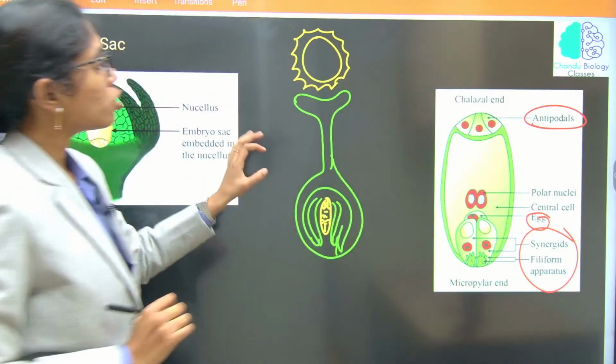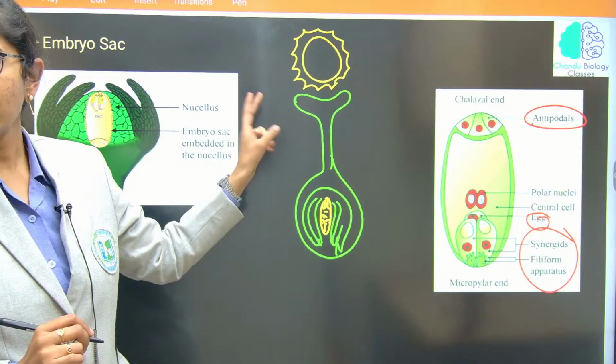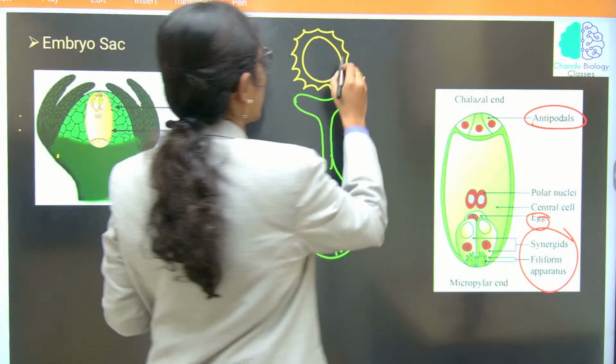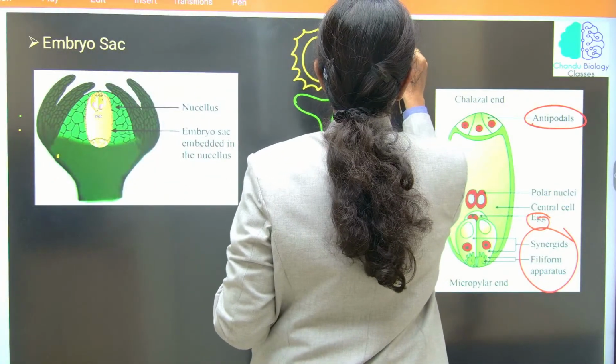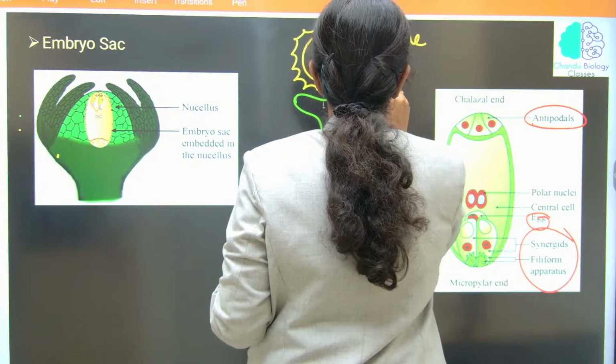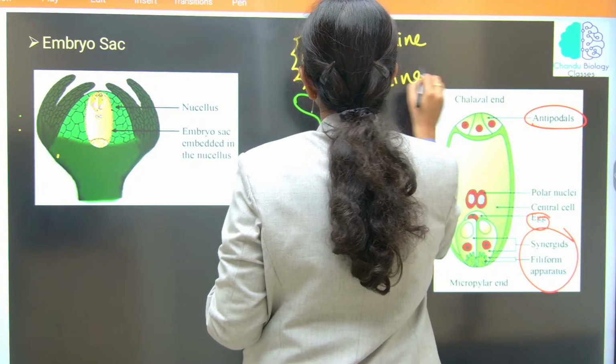If you observe, the pollen grain has 2 coats. The outer wall is exine, we know, and the inner wall is intine. And pollen grains are non-motile.